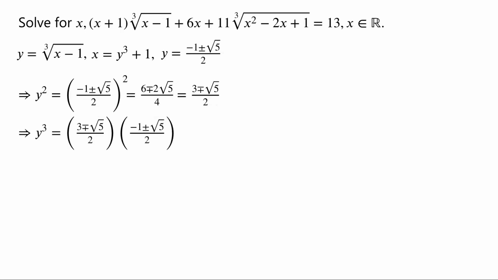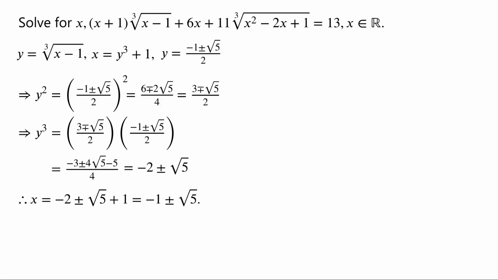Y cubed equals 3 minus or plus root 5, over 2, times negative 1, plus or minus root 5, over 2. Which is equal to negative 3, plus or minus 4 root 5, minus 5, over 4, which is equal to negative 2, plus or minus root 5. So x equals negative 2, plus or minus root 5, plus 1, which is equal to negative 1, plus or minus root 5.